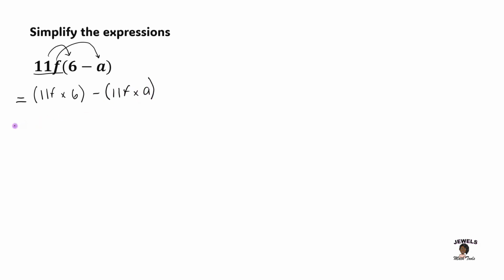And now we are going to begin simplifying each of our brackets at the side. First bracket, we have our 11f being multiplied to 6. Now remember that 11f means that 11 is being multiplied to f, which is being multiplied to 6.